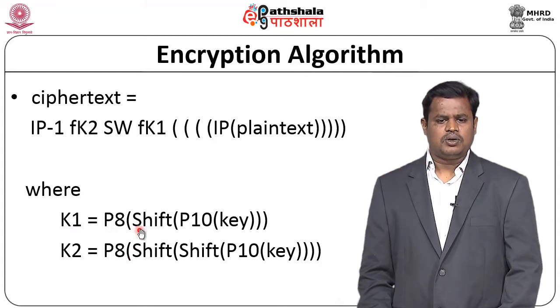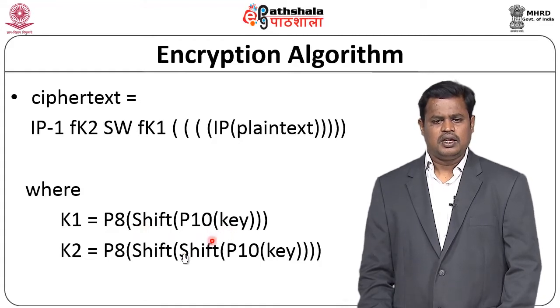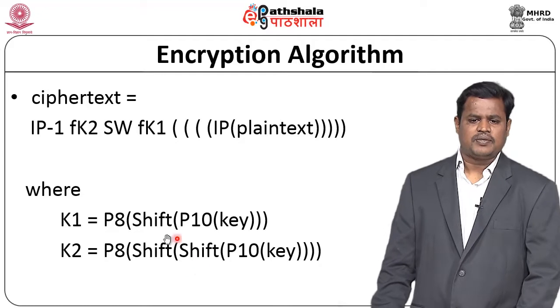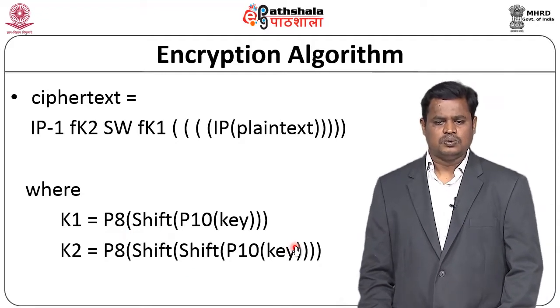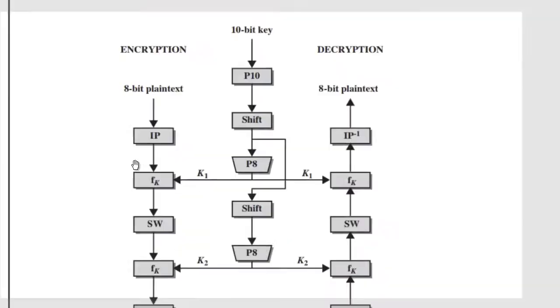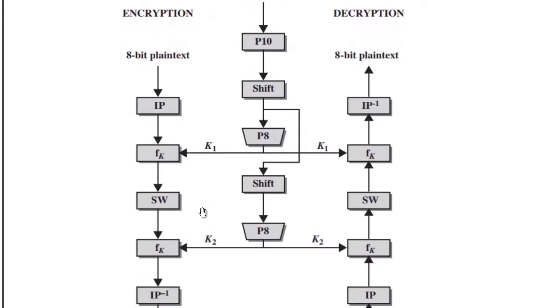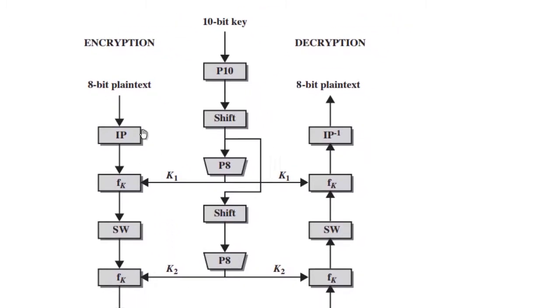We also note that here it is shift of P10 of the key, and here we have 2 left shifts, giving the resulting key K2 for round 2. So this is our overall structure of encryption and decryption. We have an 8-bit plain text for the encryption process and a 10-bit key for the key generation process as input from the user.